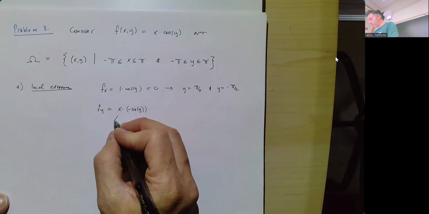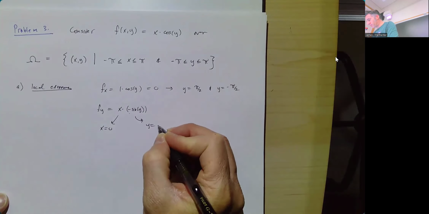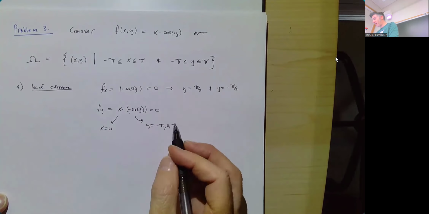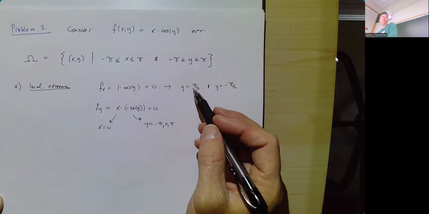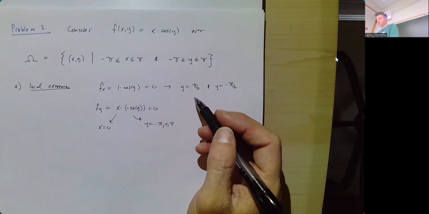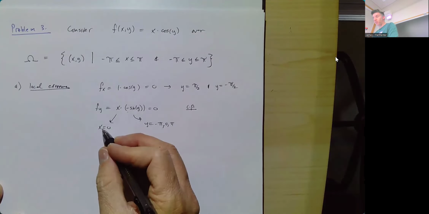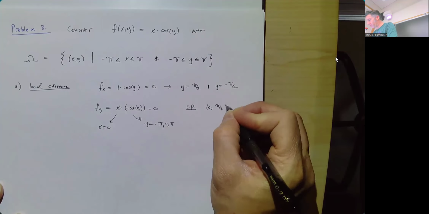Even though y being negative pi, 0, or pi would make this equation equal to 0, I can't pair any of those points with any of these points because they're both talking about what y has to be. So my only critical points are where x is 0 and y is either pi over 2 or negative pi over 2.